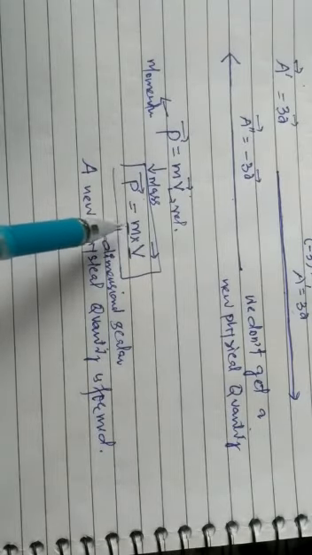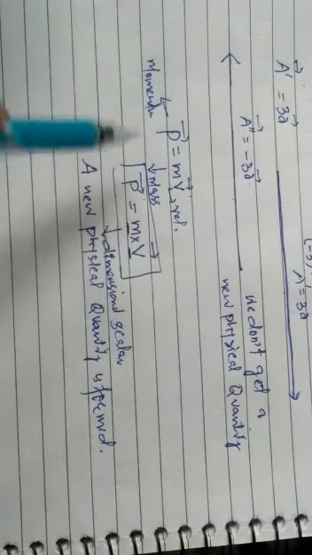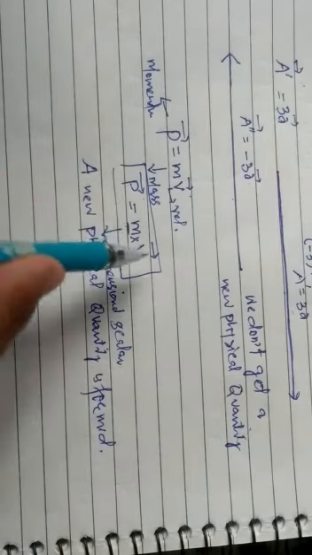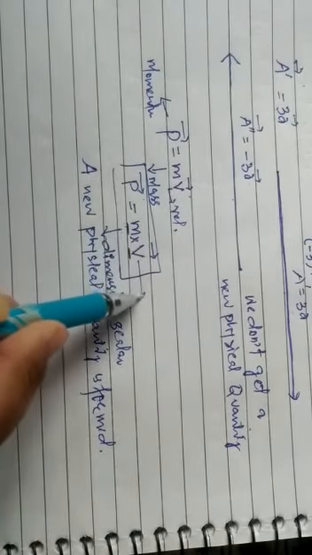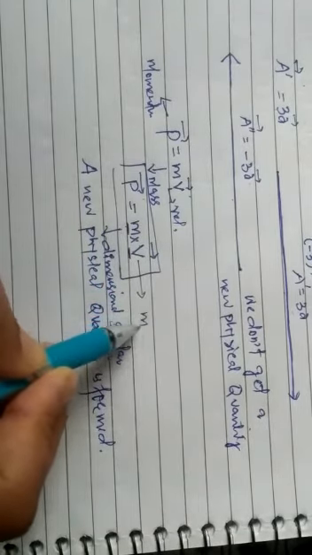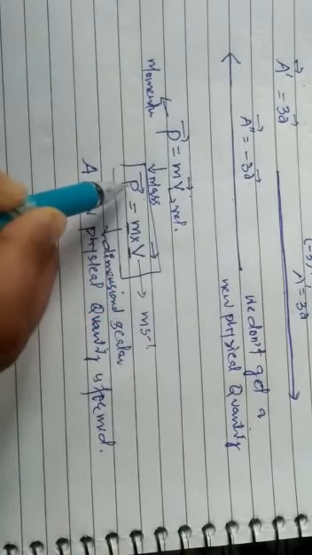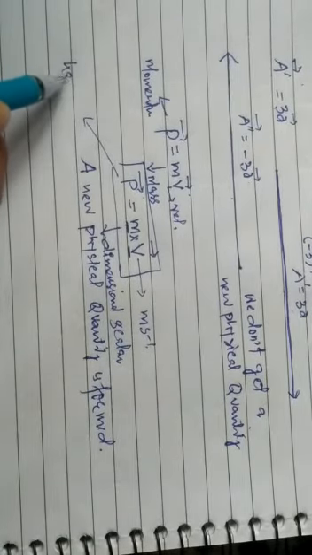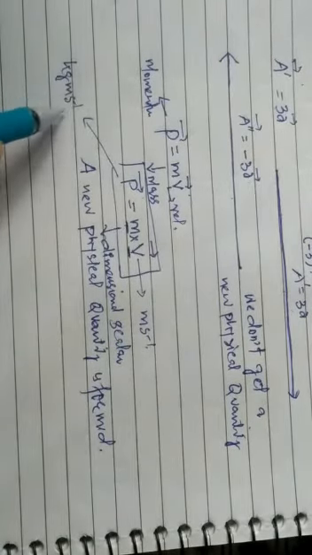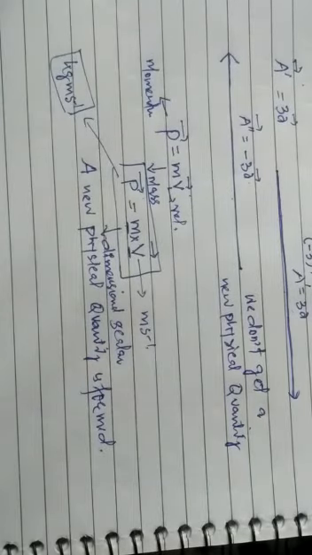When a vector is multiplied by a scalar having dimensions, we get a totally new physical quantity. Velocity has units of meter per second, but momentum has totally different units, kg meter per second. So you get a totally different physical quantity.